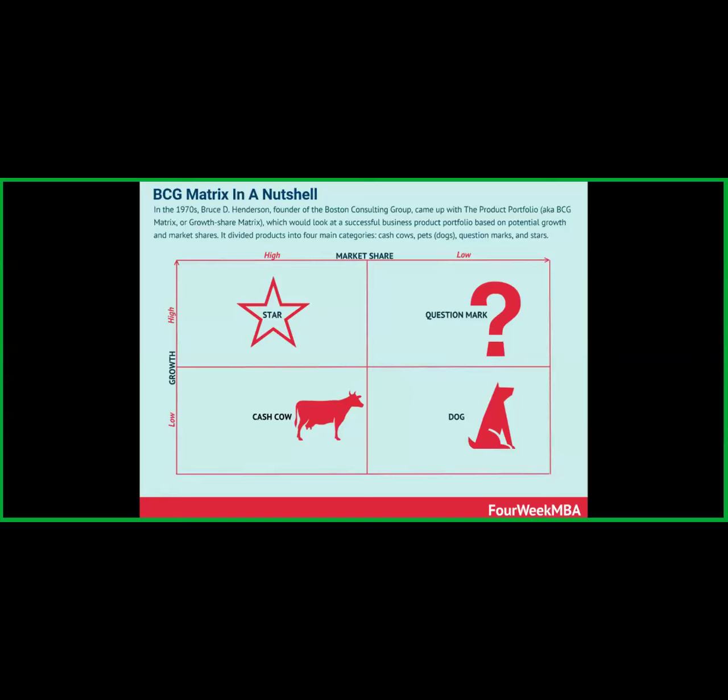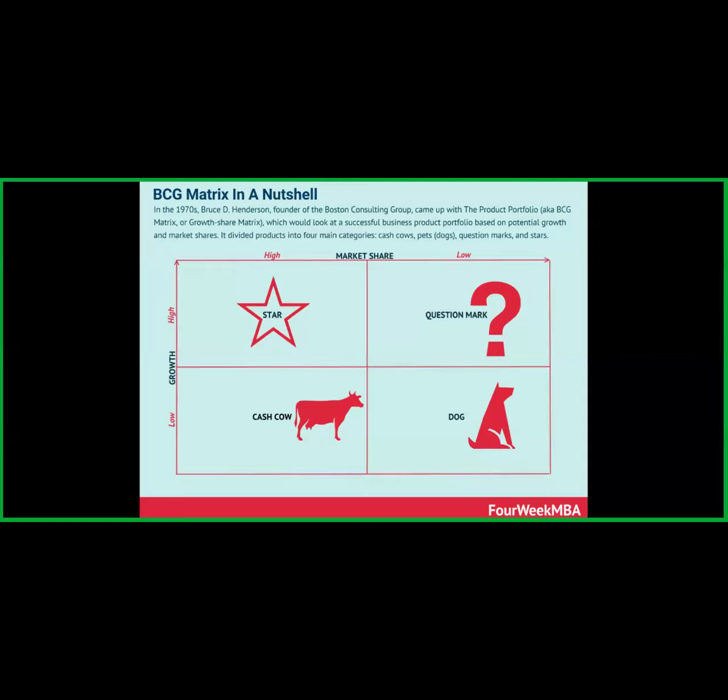So the market share of that particular product of that company is very high, but the potential for growth in that sector overall is low. At that time, we can say those products are covered under cash cow. They are mature products that generate more cash than they consume.